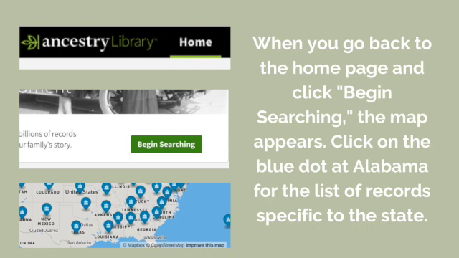So if you click on search and notice this map with all these little blue bubbles, if you go to the one for Alabama, it shows 163 collections.